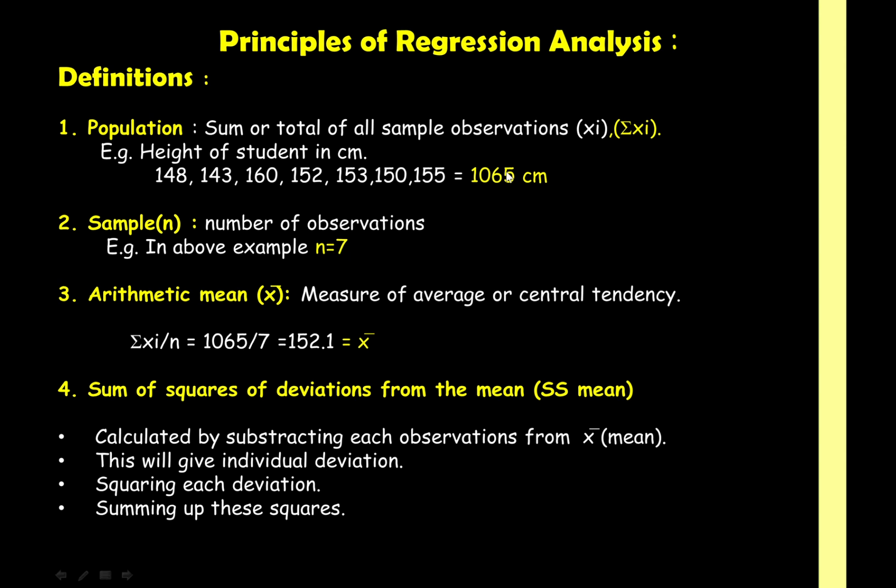So population divided by sample is the arithmetic mean. So average height is 152.1. Now sum of squares of deviation. So from this, how much each is deviated is given by SS mean. Like from this, each of these values is subtracted, and then the resultant value is squared and summed up like this.